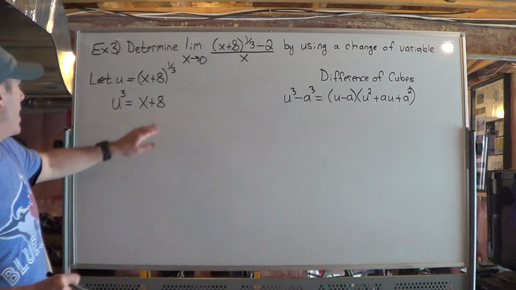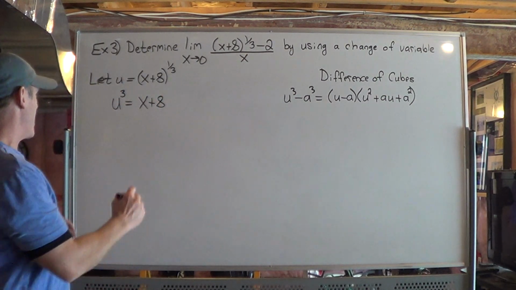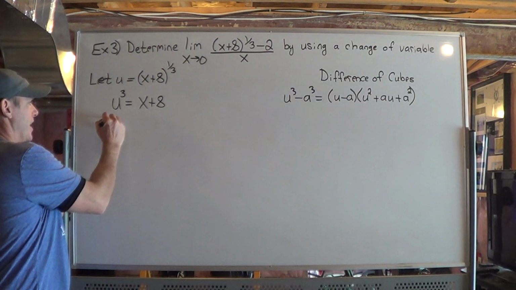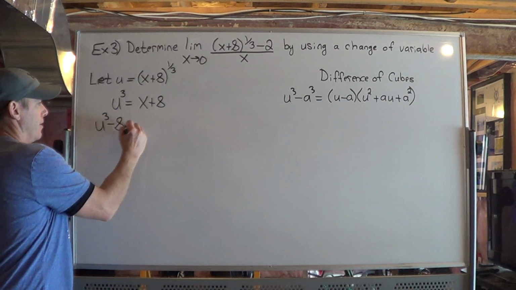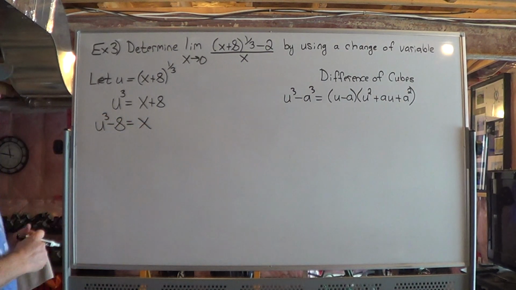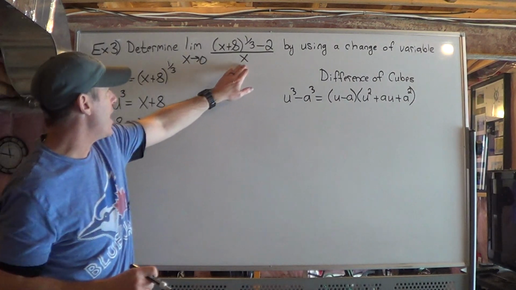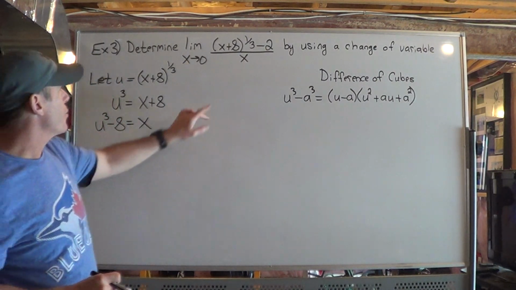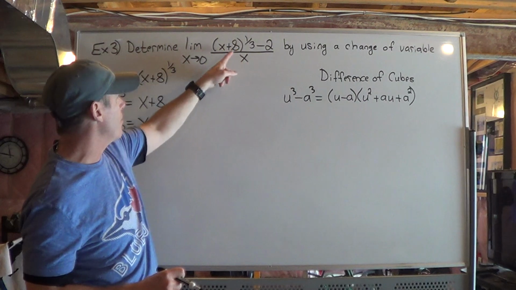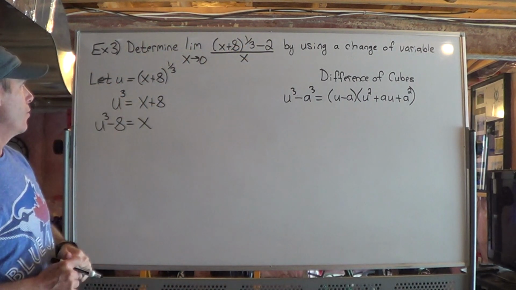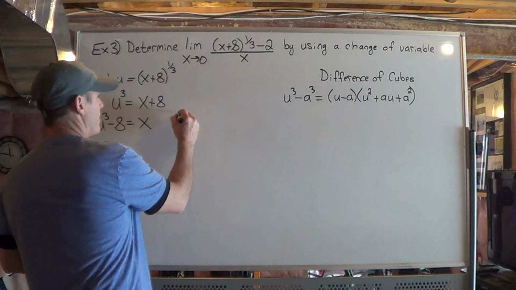Which also then, I can move that 8 to the other side, so it becomes negative, and u cubed minus 8 is equal to x. And so now I have an expression for x in terms of u. I also have this (x + 8) to the 1/3 in terms of u. And so now I've got my limit.